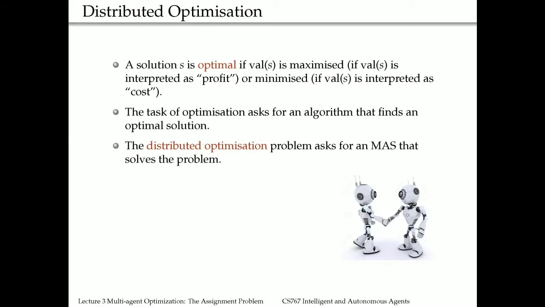A solution is optimal if the value for the solution is either maximized or minimized, depending on whether we see it as rewards or cost, and the task asks us to find such an optimal solution. And just like in CSP, the distributed version of this optimization problem will be to implement a multi-agent system that collectively is able to find a solution to the problem which is optimal.